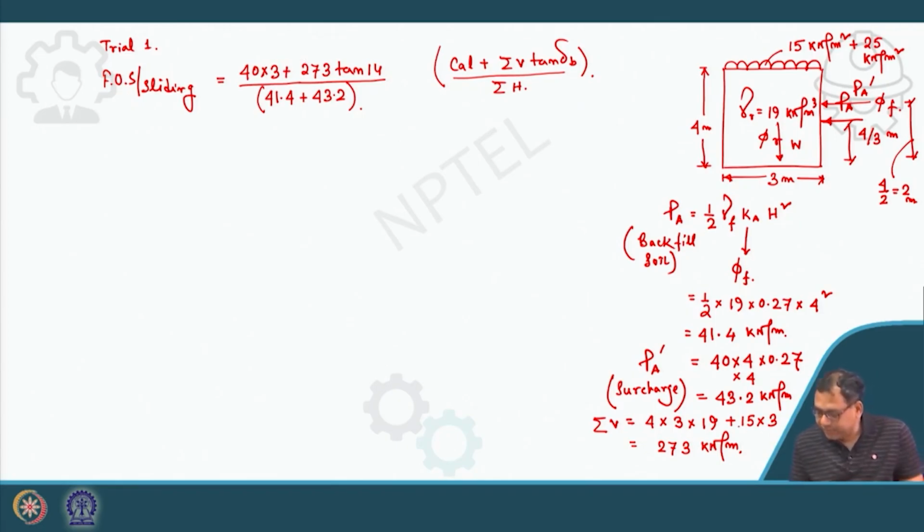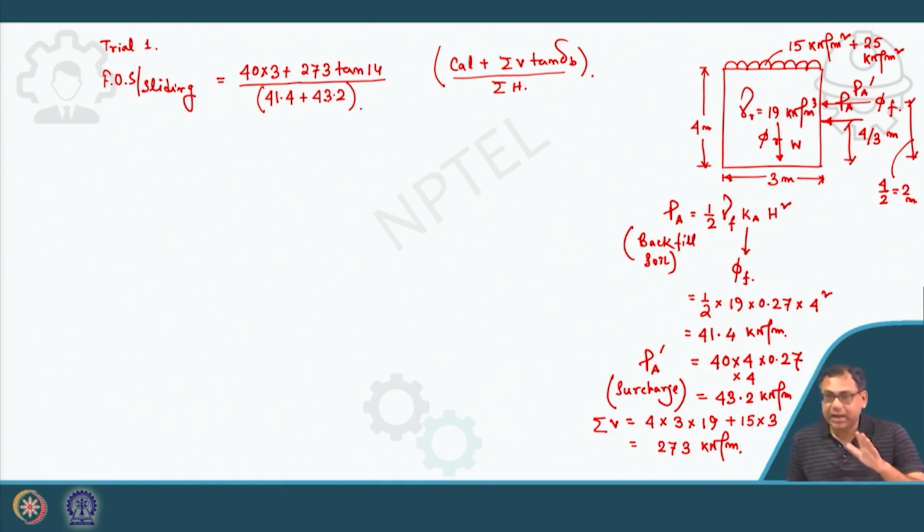So you can see why I have taken only 15: because this summation of V is increasing your factor of safety, but this PA dash is actually reducing the factor of safety. So wherever it is increasing the factor of safety, I will consider only the dead load surcharge. Wherever it will reduce the factor of safety, I will consider both live load and dead load surcharge, because if it is increasing the factor of safety, I cannot consider the live load, because live load will not be present all the time.